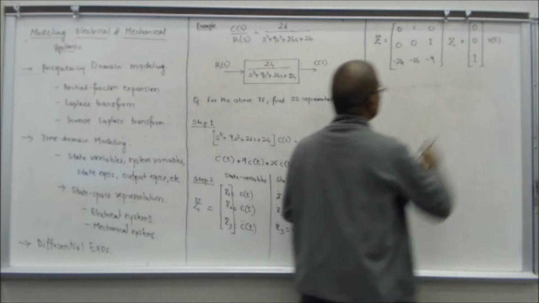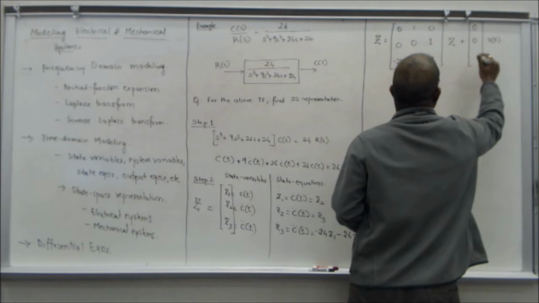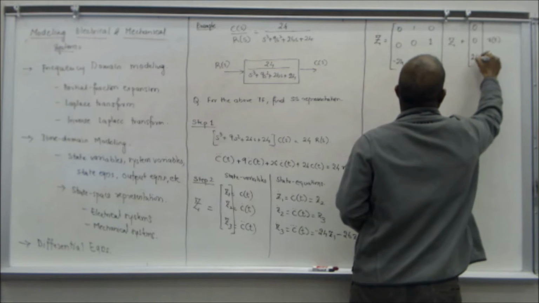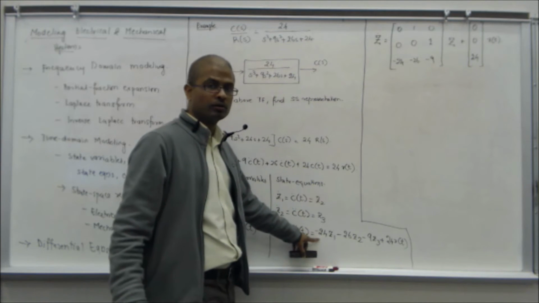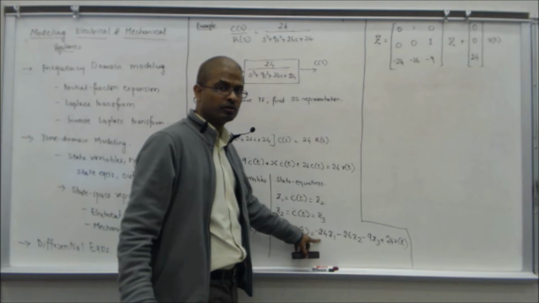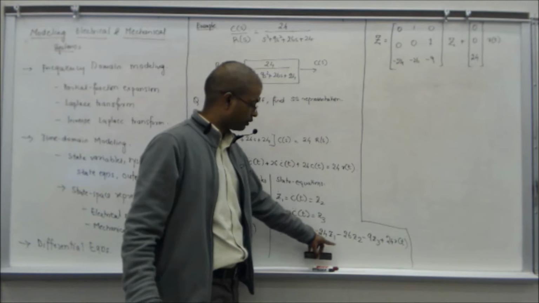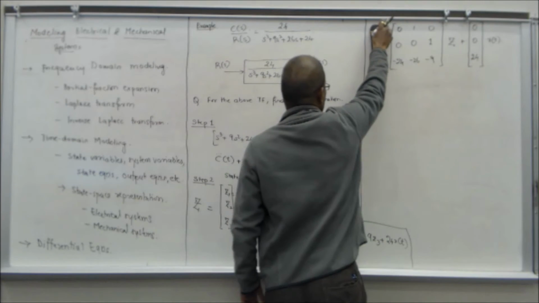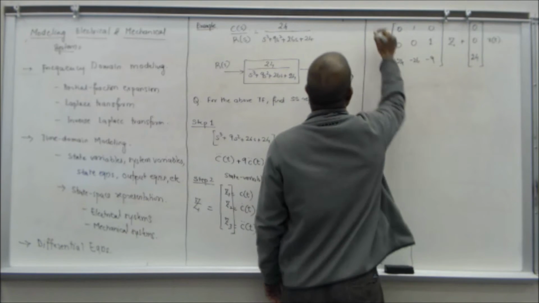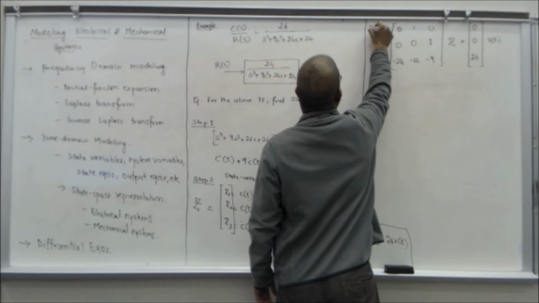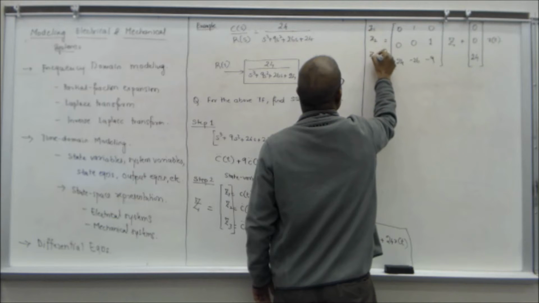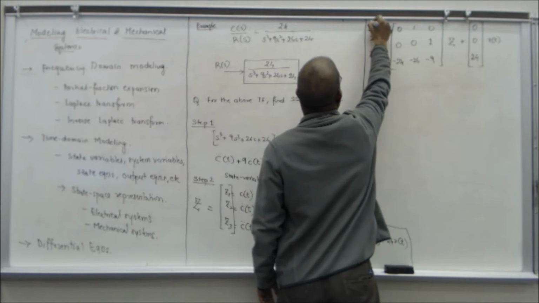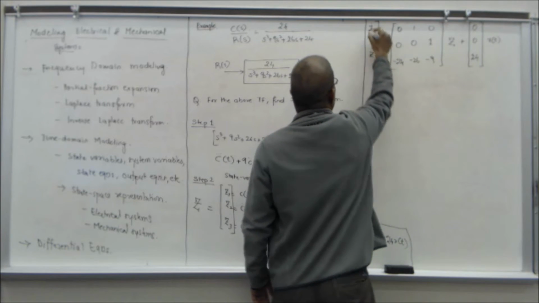Oh yeah, you're right. So this is negative 24. So if I don't write this, I will write this as Z1, Z2, Z3 dot. Now you get it, Sammy?